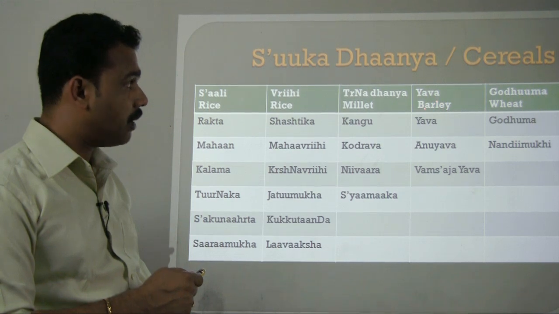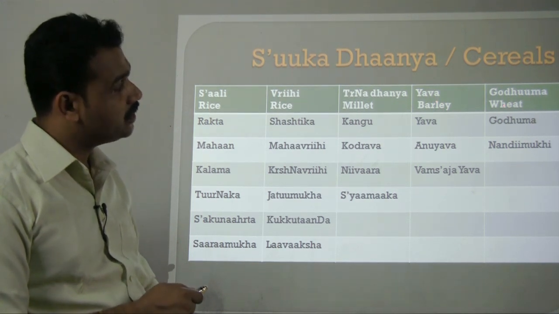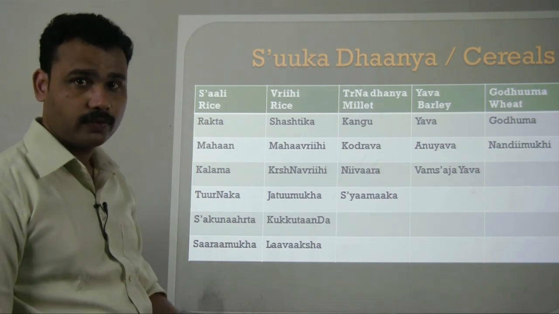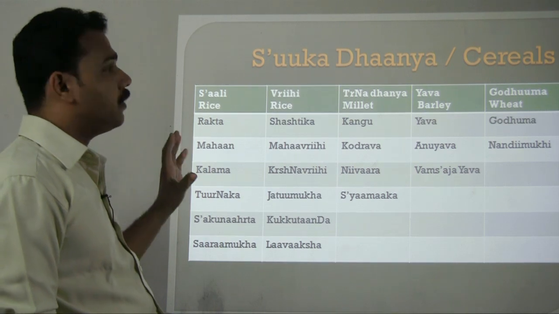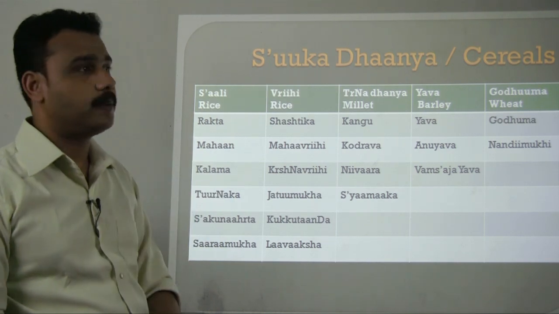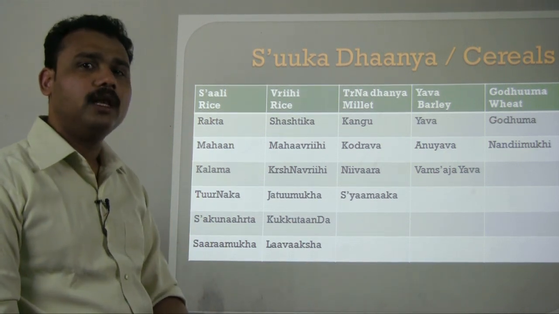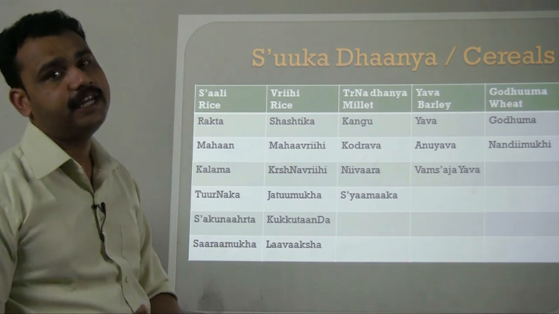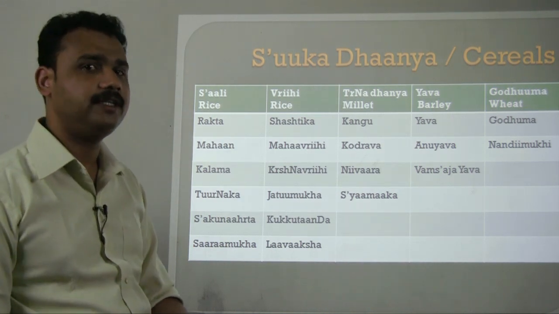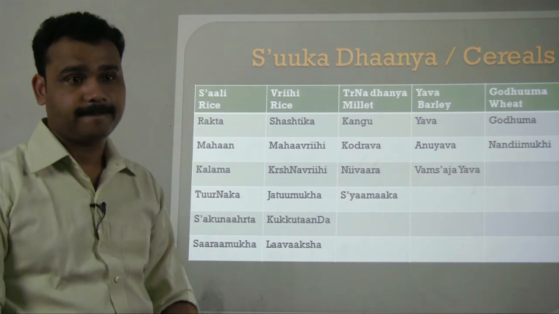When it comes to barley, only 3. When it comes to wheat, only 2. So the first group of specific substances explained is rice, with a lot of detailed explanations and a lot of varieties narrated in this context.